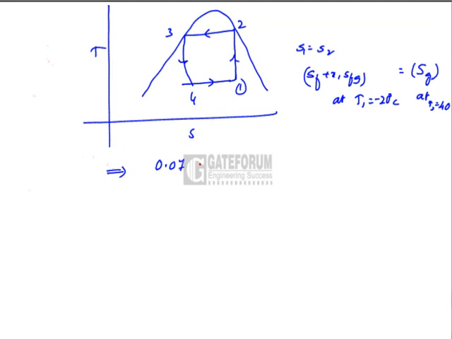0.07 plus X1 into SFG. What is SFG? SFG is equal to SG minus SF.